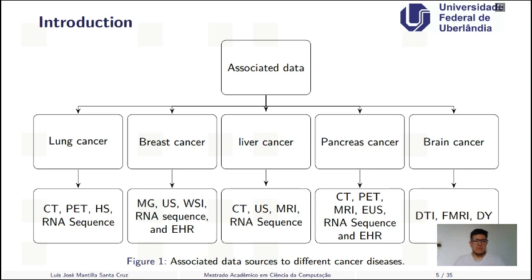So, for example, we have some sources associated with lung cancer, some others associated with breast cancer, liver cancer, pancreas cancer, and brain cancer. In this case, we are going to focus on breast cancer because we would like to work with WSI images.